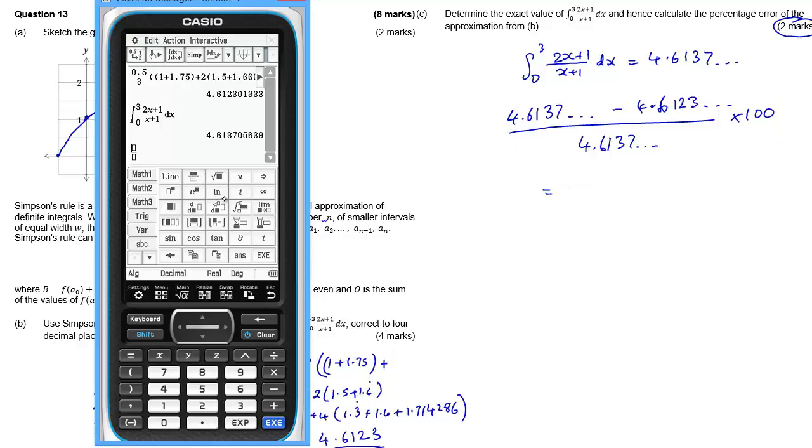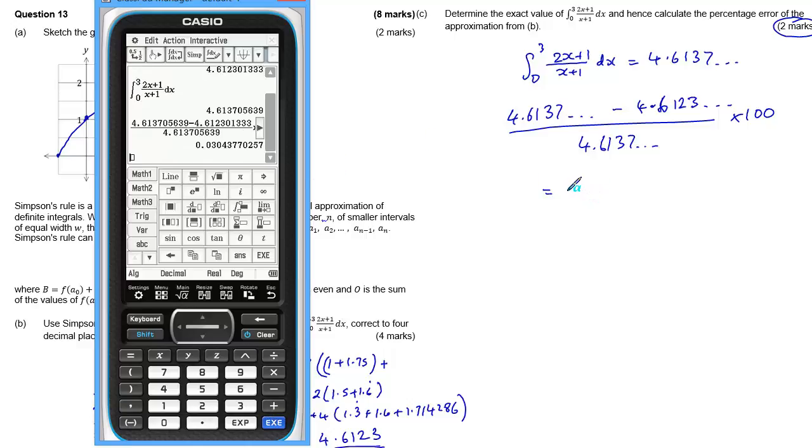So on the calculator we can do that easily enough. We'll just take that and subtract that from it, and divide by that, and then multiply the result by 100, and we get 0.03%.